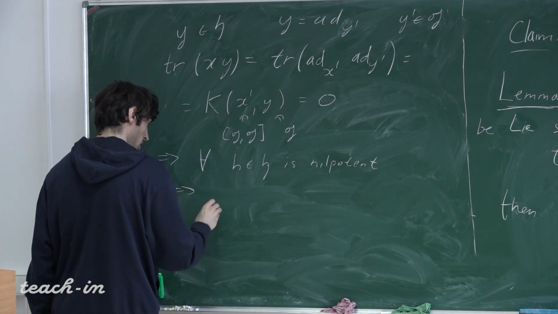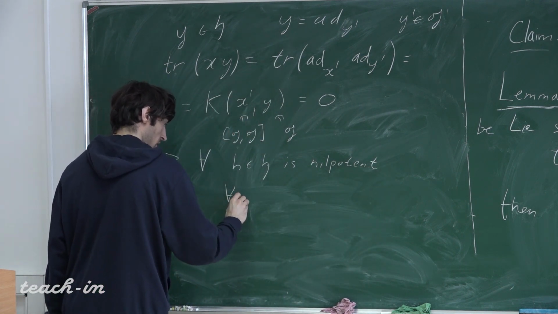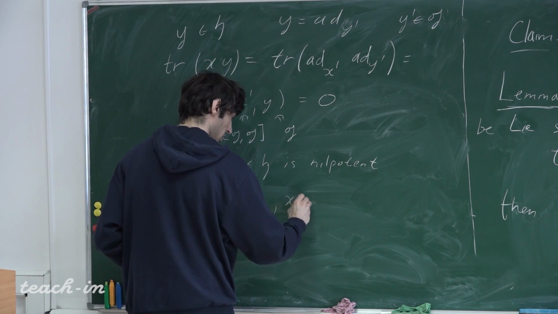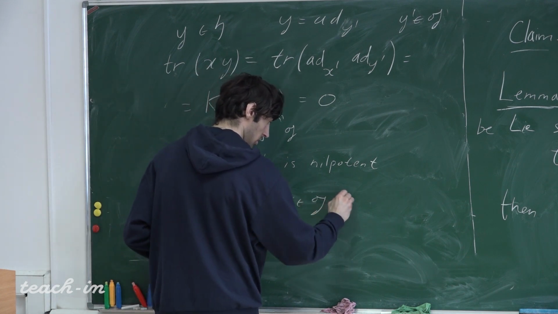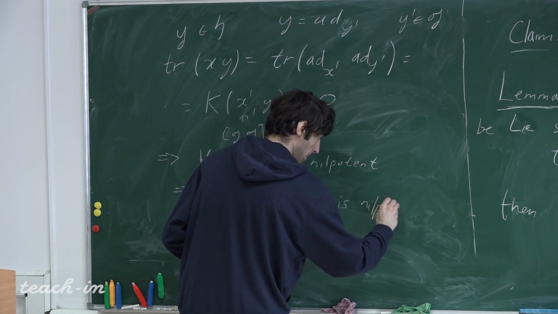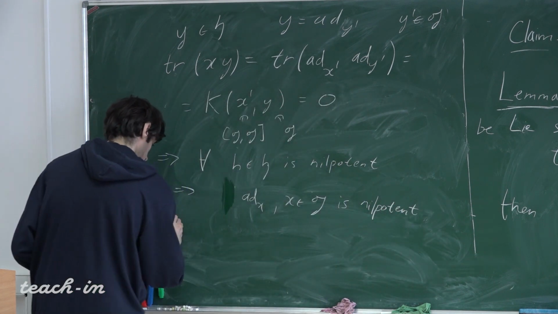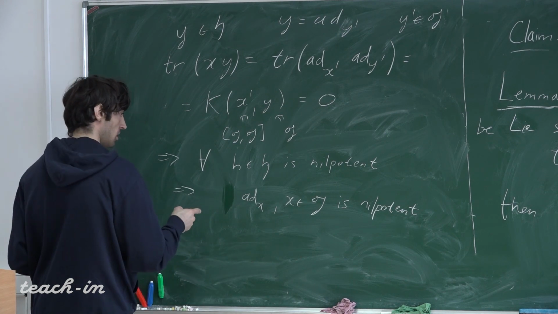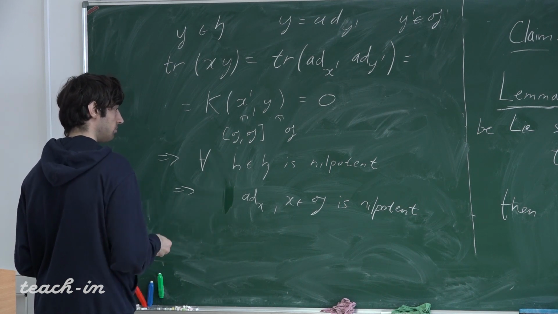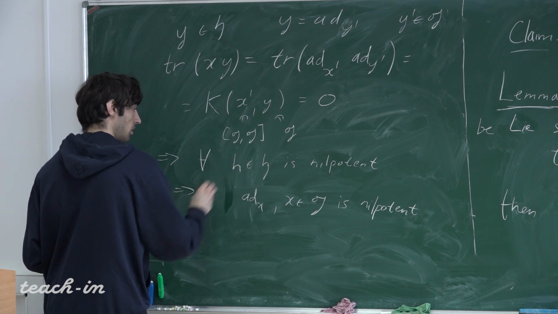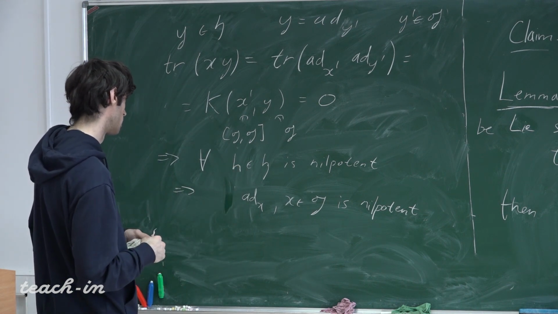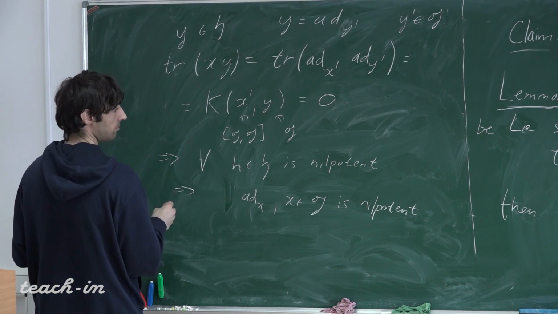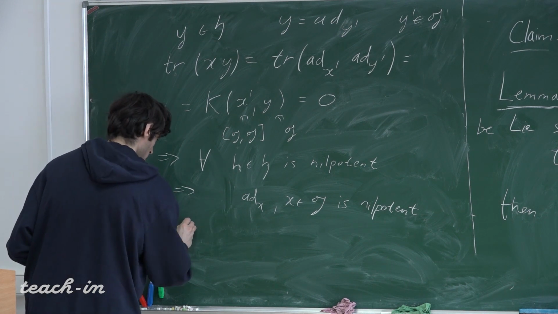So therefore, every ad x, where x in G, is nilpotent. But this by Engel's theorem, like the second Engel's theorem, means that G is nilpotent.